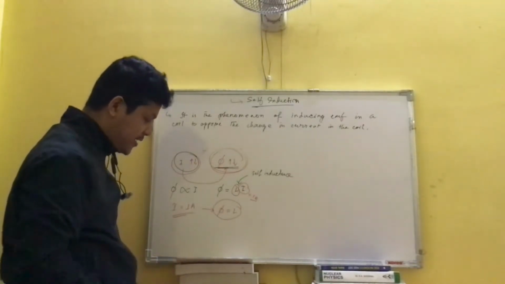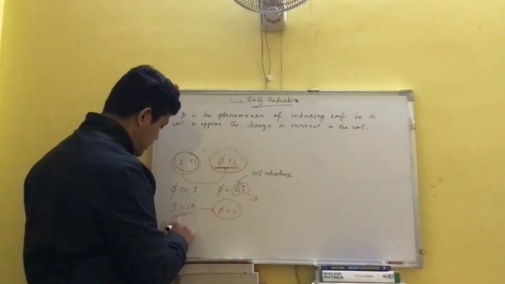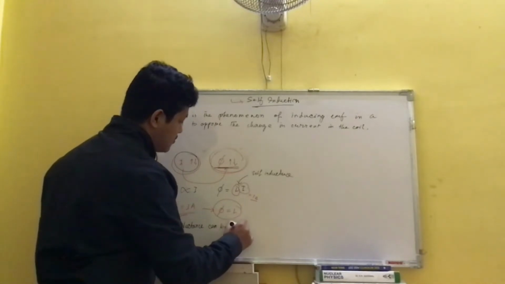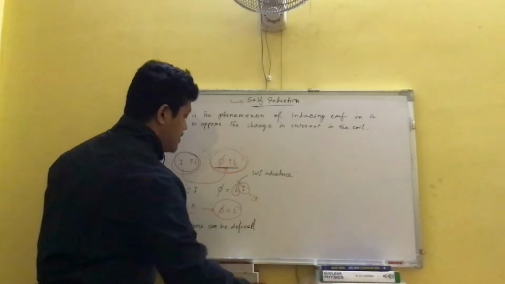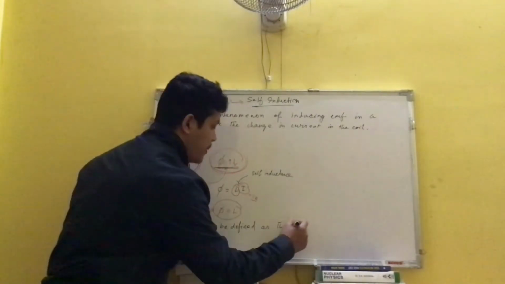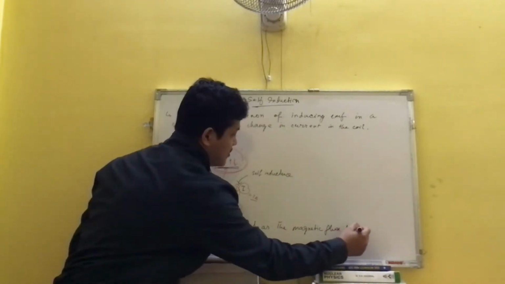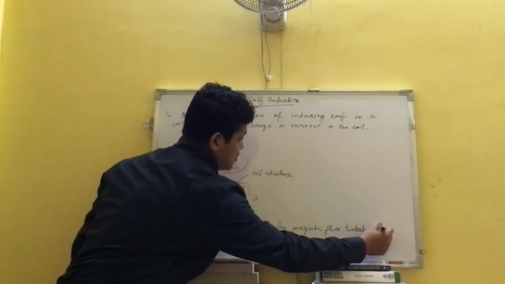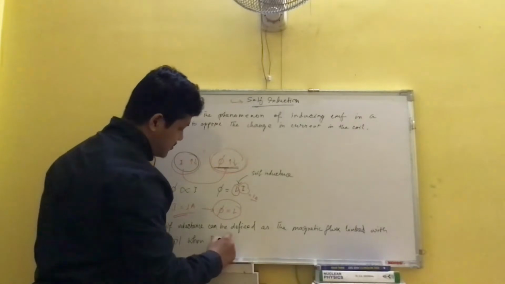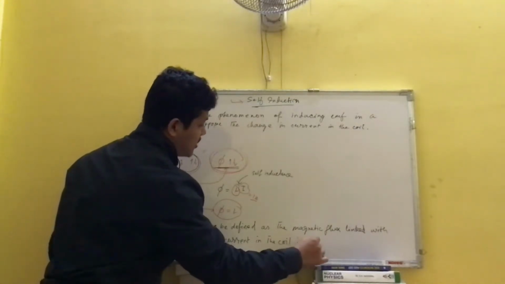That means self-inductance can be defined as the magnetic flux linked with a coil when the current in the coil is 1 ampere.